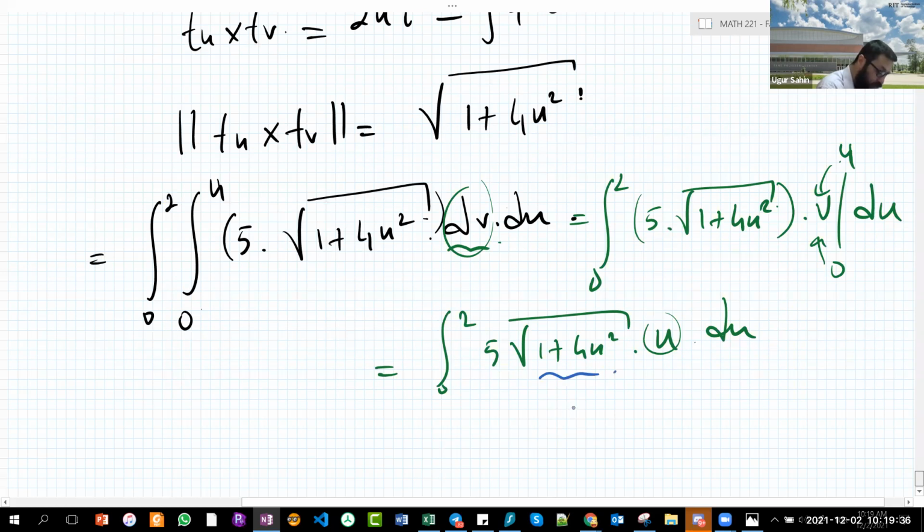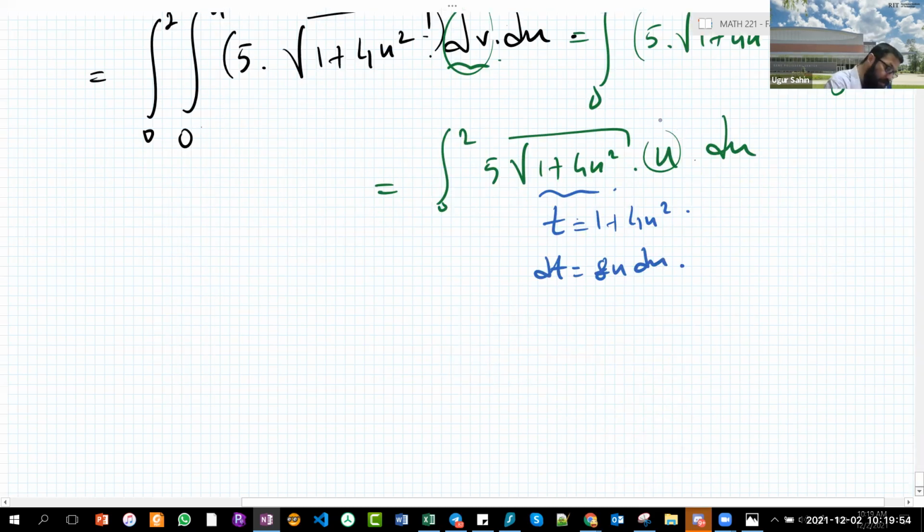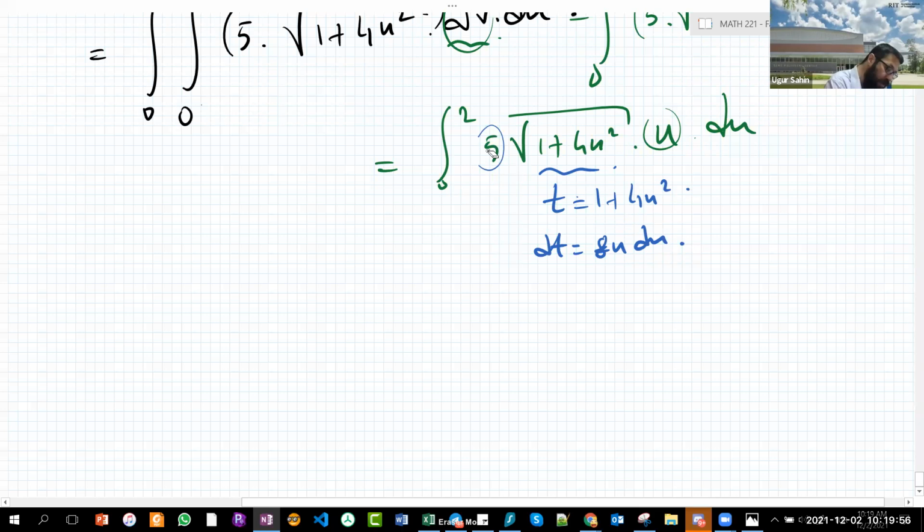I can use the substitution where t is equal to 1 plus 4u squared, dt is going to be equal to 8u du, right? 8u du. Do I have the 8u somewhere here? No, I don't have. I have just the 5u, but look at that. I can use some algebra trick. I can multiply by 8.